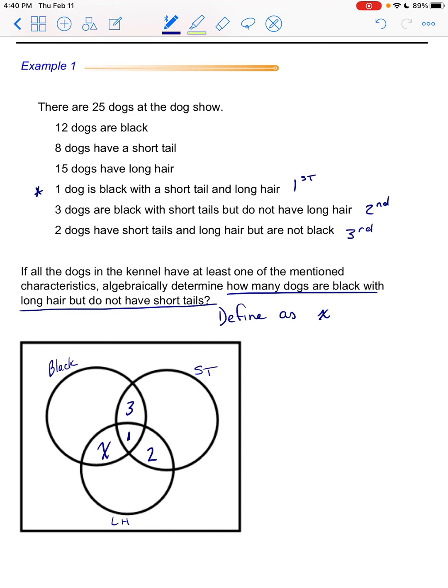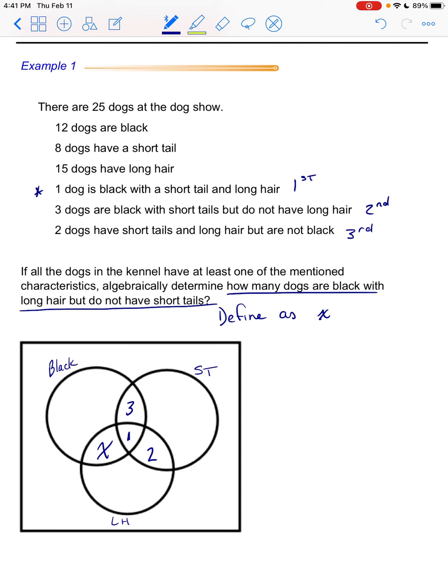So x number of dogs are black with long hair and not short tails. So let's see now if we can fill out the other 3 subsets here with this information.